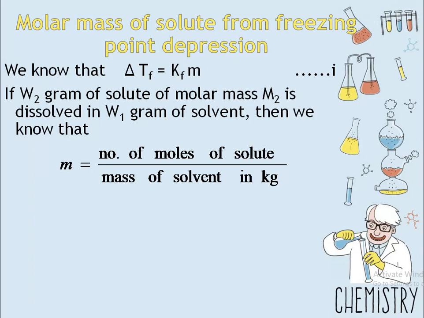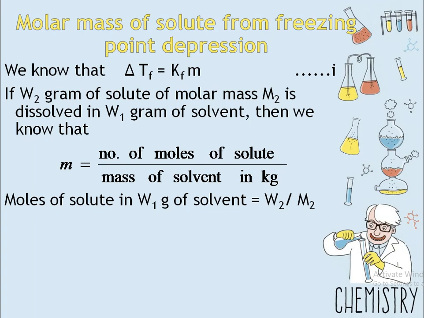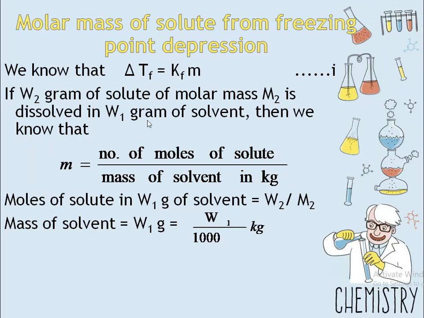The number of moles of a solute is mass upon molar mass, so the mass of the solute and the molar mass of the solute. The solvent is in kg, so we will convert W1 grams into kg, which is equal to W1 divided by 1000 kg.